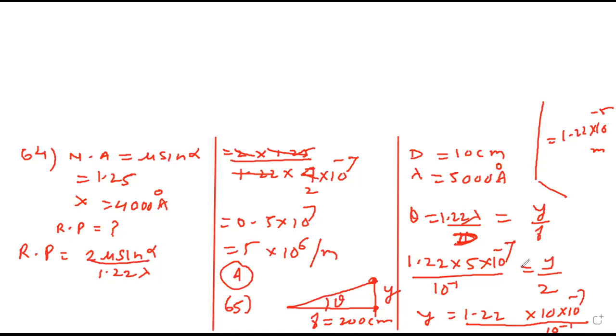1.22 into 10 raised to minus 5 is given. Yes, followed both sums 64 as well as 65. Both the sums followed? Yes, sir. Solve.